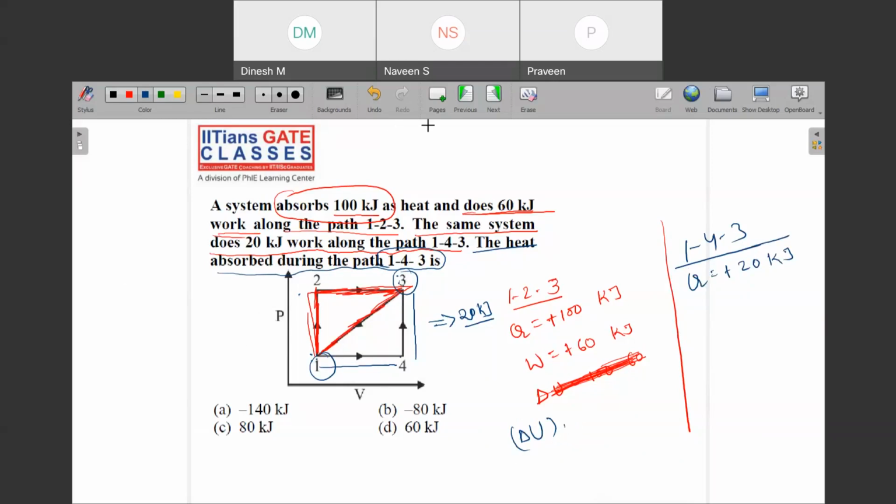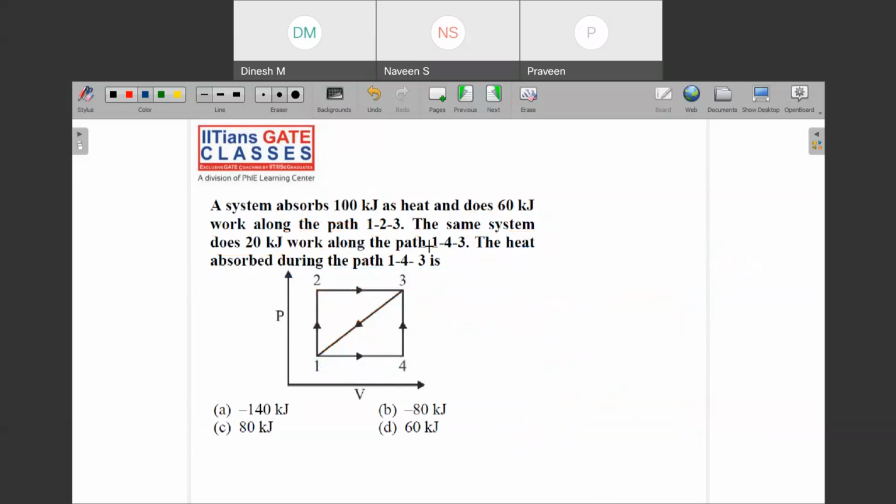Let me erase all the ink first. Now let me help you to understand in a better manner. This is 1, 2, 3. Yes, internal energy change will be the same, but we need to look at the sign. What about the sign? When you are applying between 1 to 2, 2 to 3, can I write that plus 100 is equal to delta U, and your final state is 3, right?